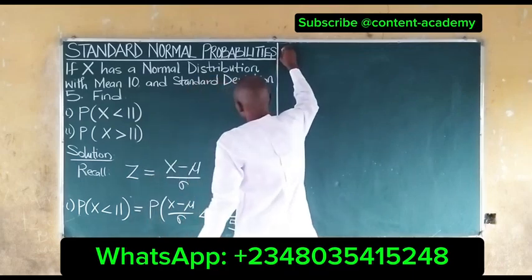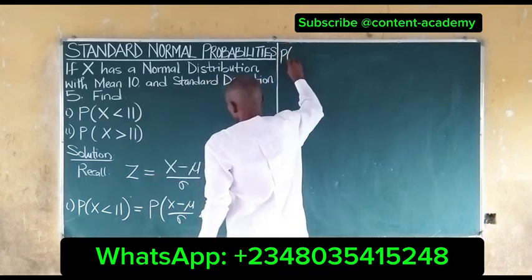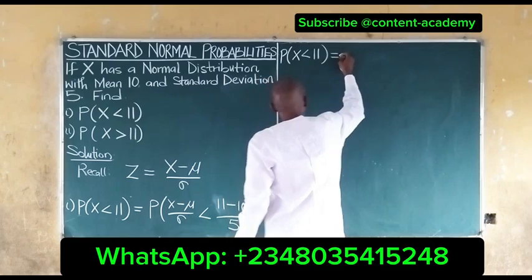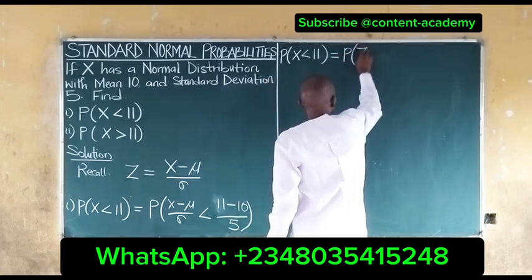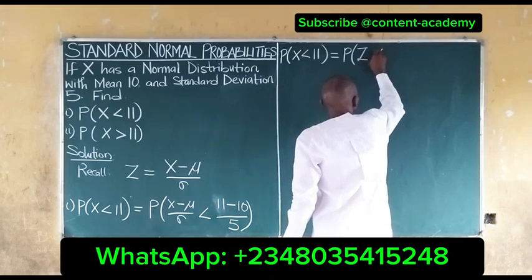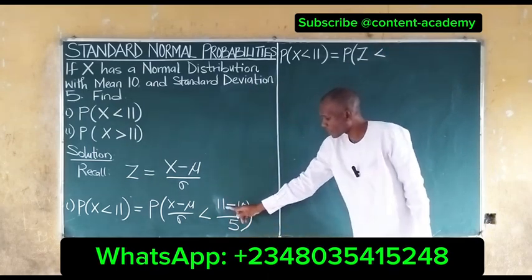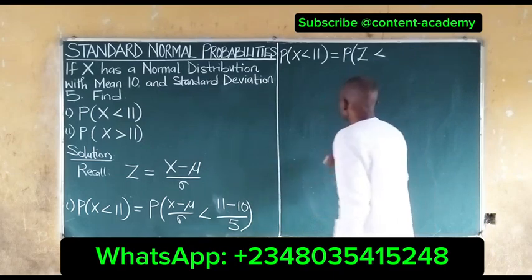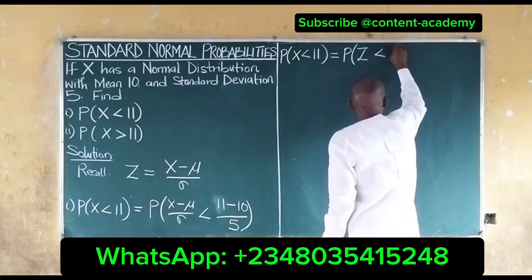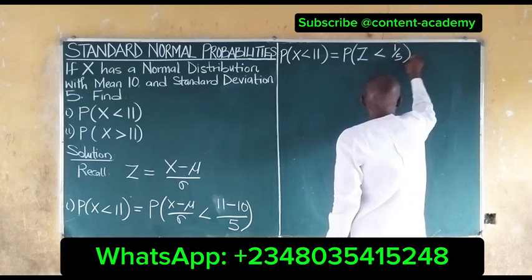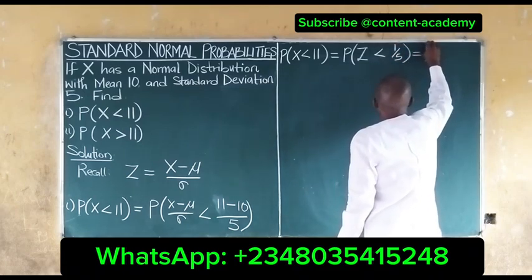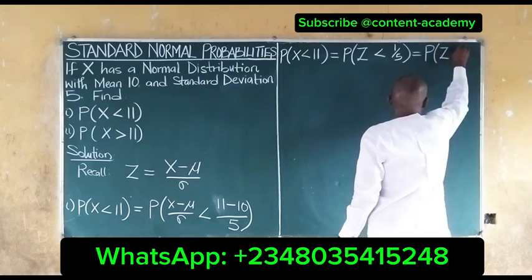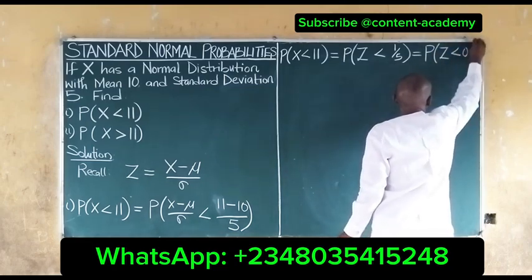It then means that our probability for x less than 11 is equal to the probability of z less than (11 minus 10) divided by 5. 11 minus 10 is 1, and 1 divided by 5 is 0.2.